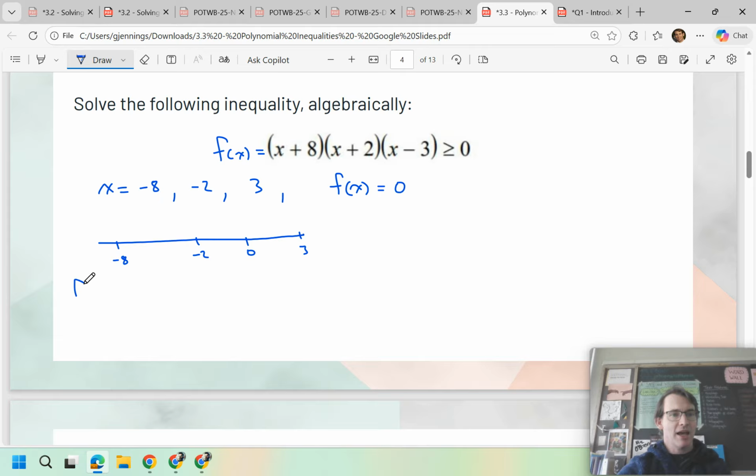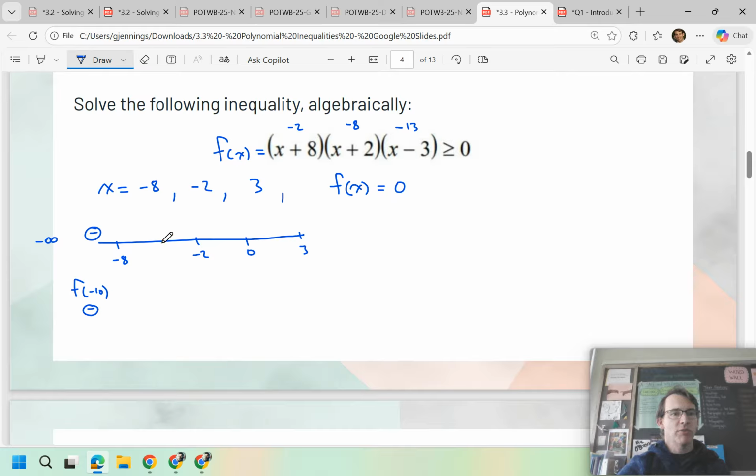Let's test f at -10. Okay, so at f at -10, I would have -2 multiplied by -8 multiplied by -13. That would give me a negative value. So it's negative over here between -infinity and -8.